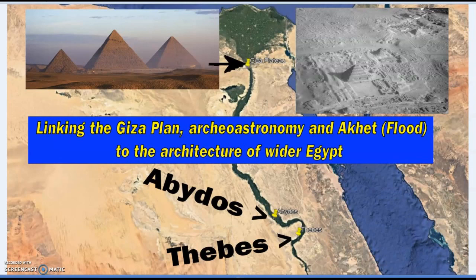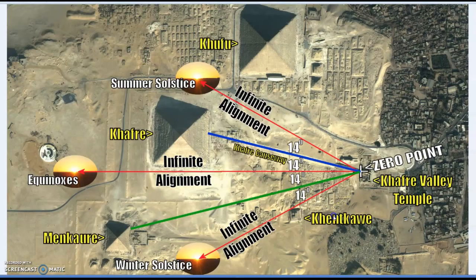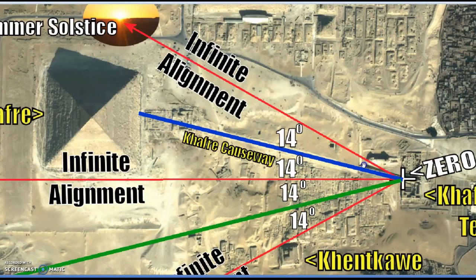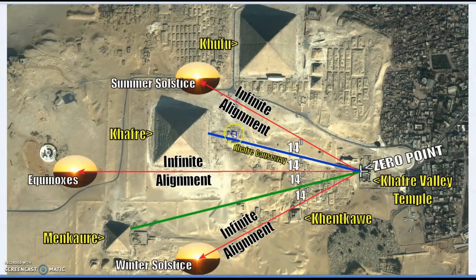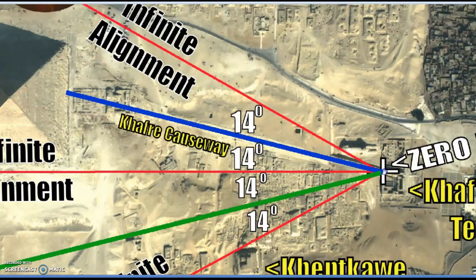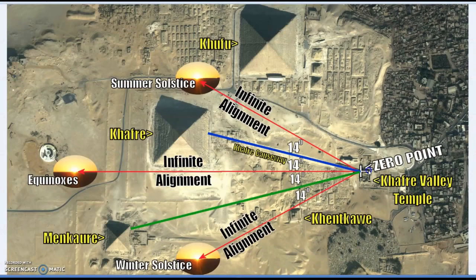Now you have to think also of the flood, because the flood will be an important link in there as well. There were 3 seasons in Egypt. The Akhet, or the flood season, began with Egyptian New Year on the summer solstice. So there we have the Giza Plateau. Now we have the Khafre Causeway, which goes down to the door to the Khafre Valley Temple.